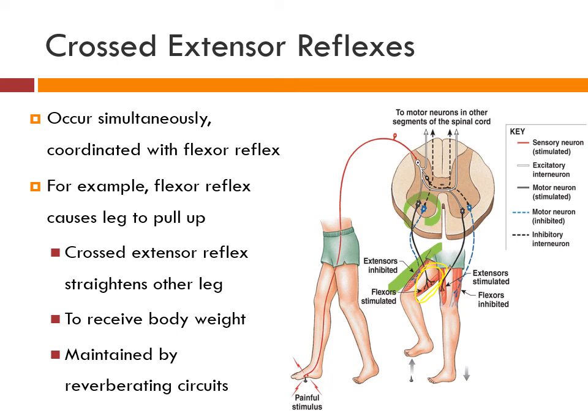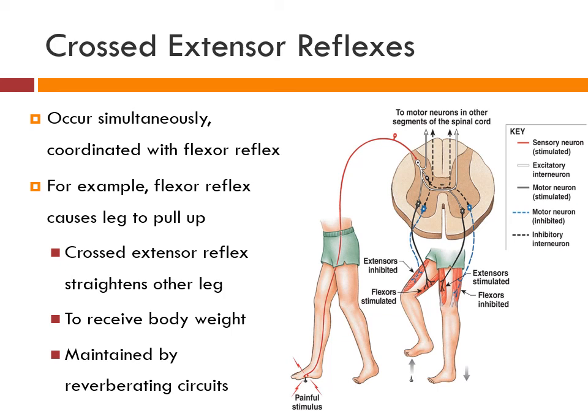So there are two things happening on the right side of the body. You are giving an excitatory postsynaptic potential to the flexors to lift your leg, and an inhibitory postsynaptic potential to the extensors to allow for quick flexion. So that is the flexor reflex on the right side of the body.